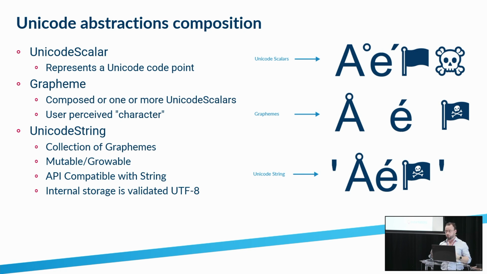So for the most part, it will work just as a drop-in replacement, but there are some edge cases where it doesn't, and that's why we are rolling out Unicode support for many of our frameworks gradually. And one of the things that Henry mentioned as well is that Unicode strings' internal storage is always UTF normalized and validated.